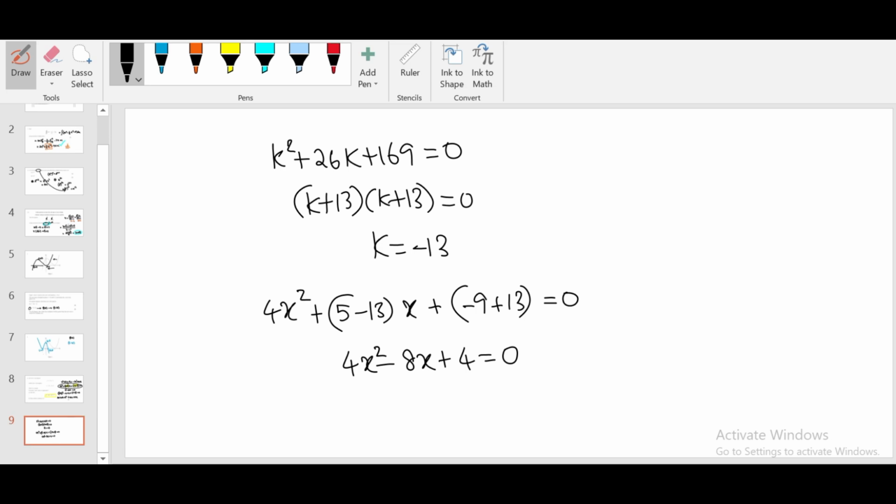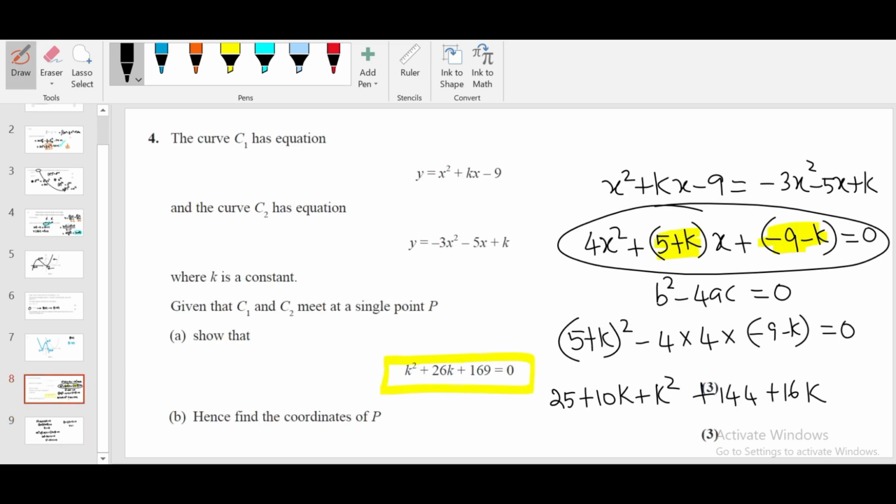Divide through by 4, x square minus 2x plus 1 is 0. You can write it as x minus 1 times x minus 1 is 0. There is only one point, the x coordinate is 1. To find the y coordinate, substitute the value of x into any one of these equations.